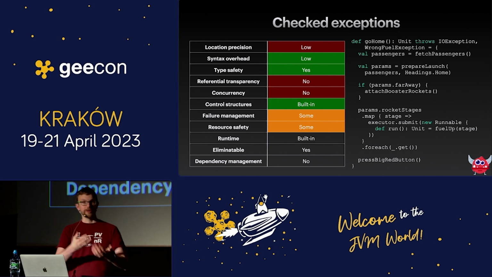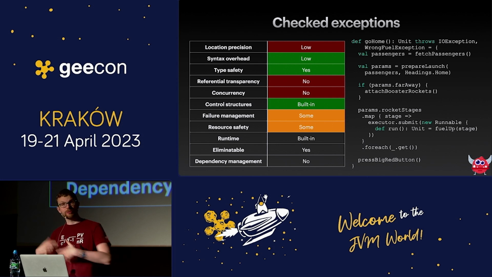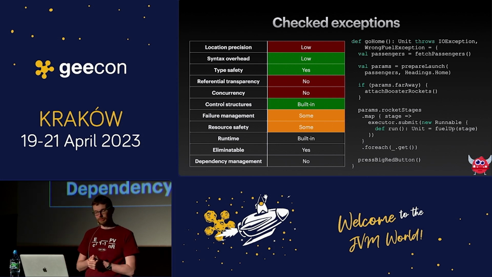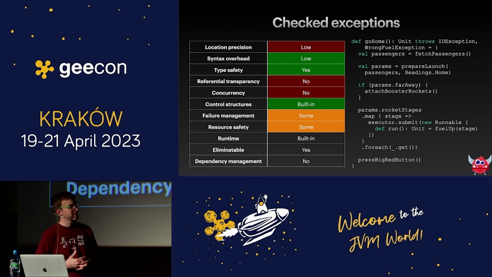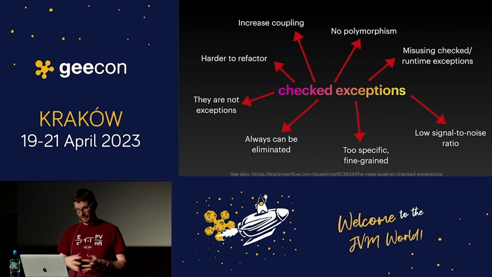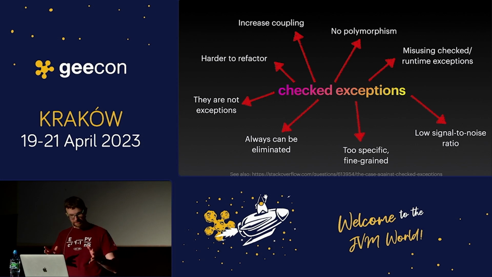It might work if you are careful, but you might also catch it using a catch-all exception. You might, by accident, ignore it. And checked exceptions, I think, are especially interesting, because if you go and ask a random person on the street about checked exceptions, they will probably tell you that they are a failed feature in Java, and that it would be much better if Java had only unchecked exceptions.